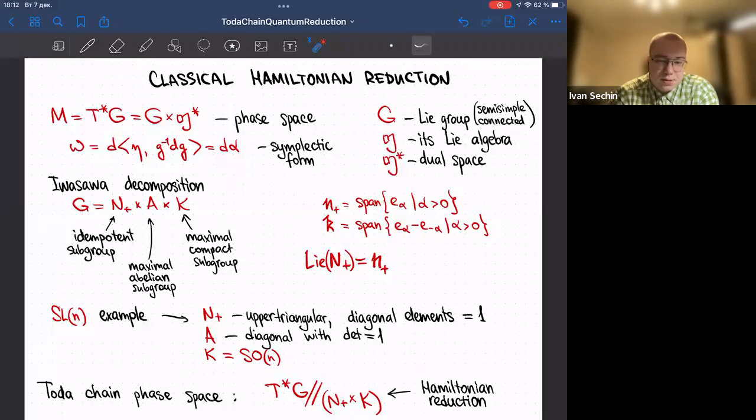And one general formula for Toda: for the phase space of the Toda chain, the reduction we have to do is to reduce using the action of N plus and K, and it will be the reduced phase space.